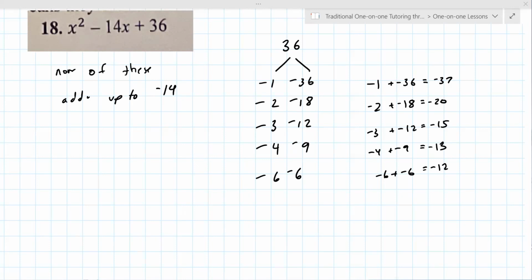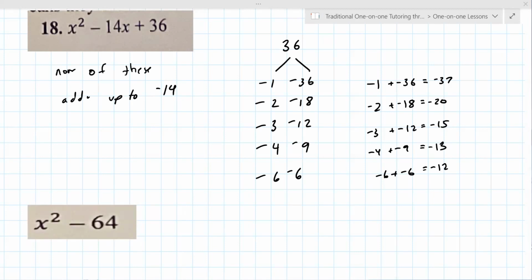Okay. So number 19. It says to go back to question 6 and 13. Okay, so this is for number 6. It wants the x-intercept.